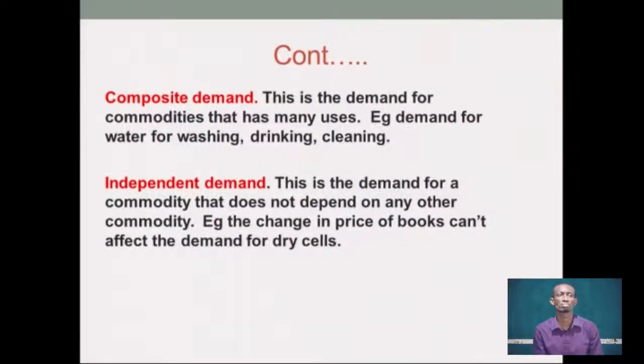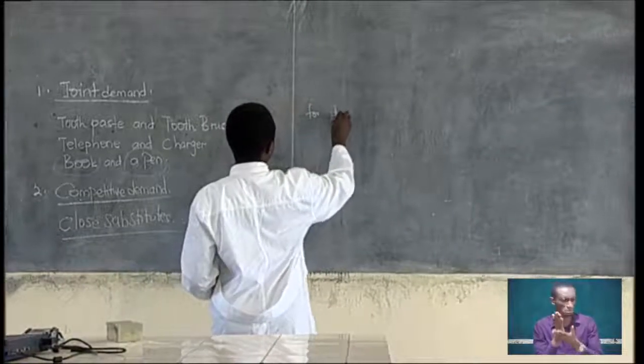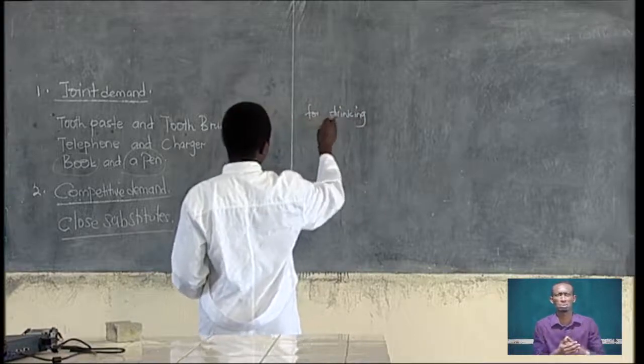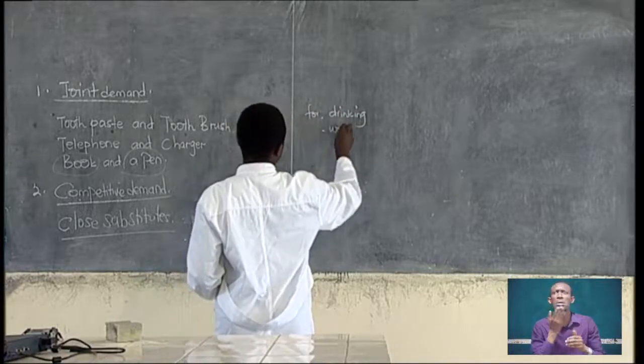Then we have composite demand. With composite demand, this is a demand for commodities that have many uses. For example, talk about the demand for water. You may demand water for drinking. You may demand water for washing.